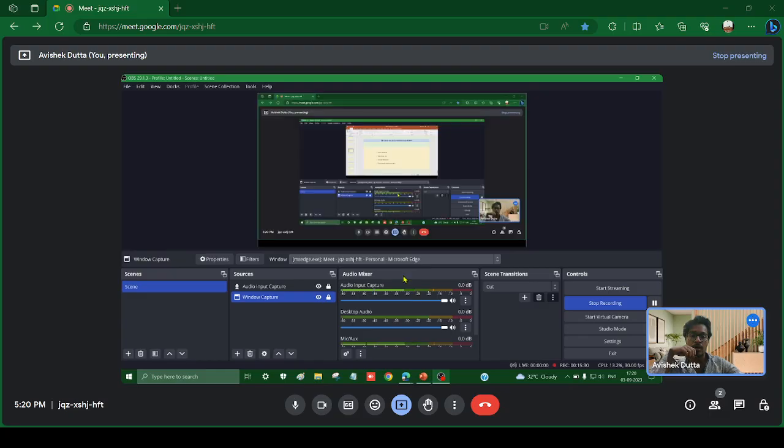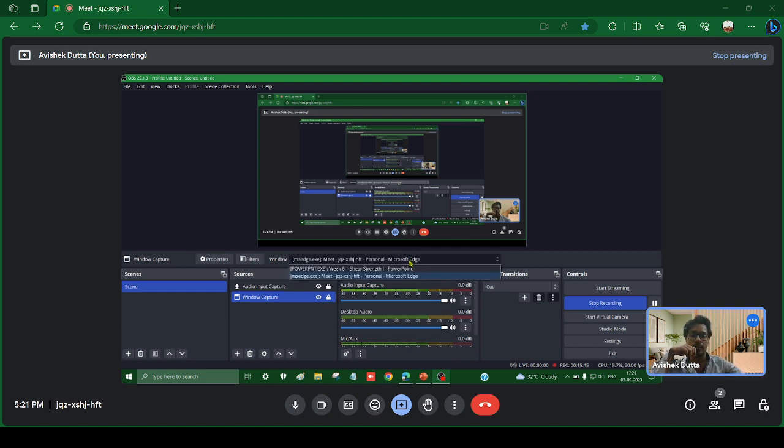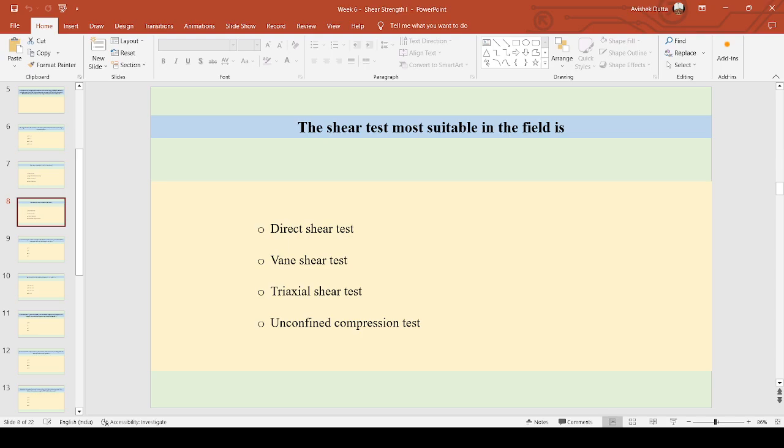You have to answer which test is the most suitable and the only suitable test for application in the field to find out the shear strength of a soil. Your options are direct shear test, vane shear test, triaxial shear test, or unconfined compression test. I hope it is clear. I'll go to the next question.